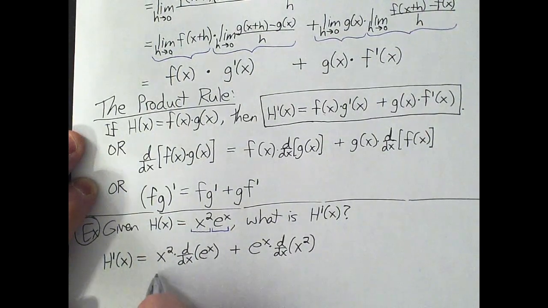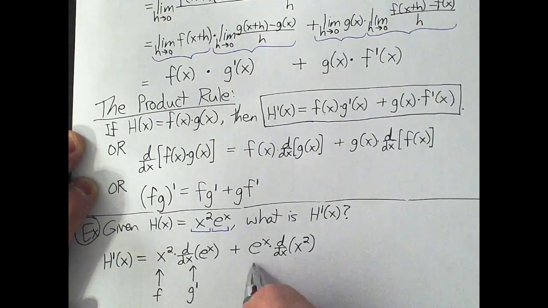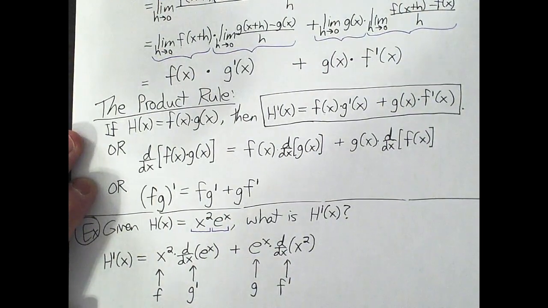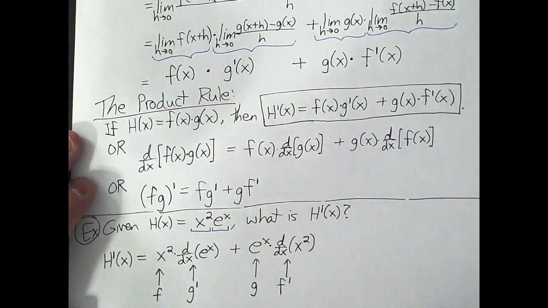We still have a little bit of simplifying to do, but I just want to indicate that this was f, this is g prime, this is g, this is going to be f prime. So I'm following the product rule formula.